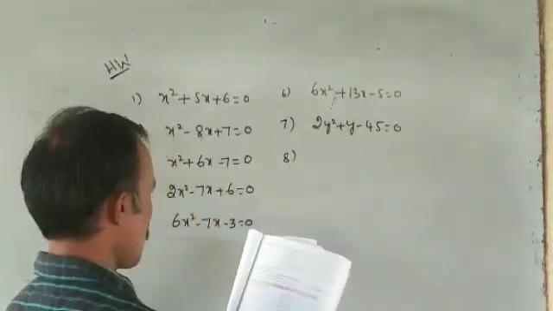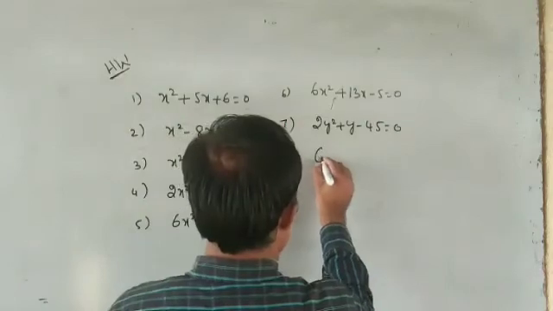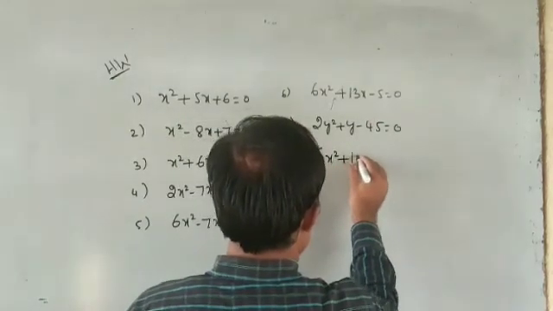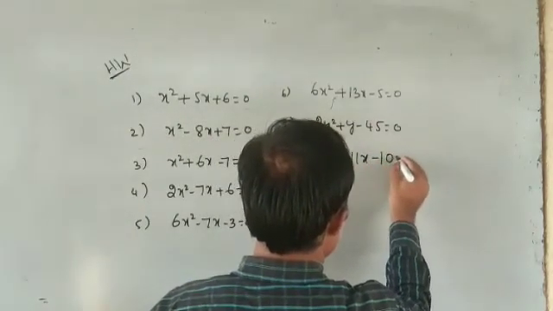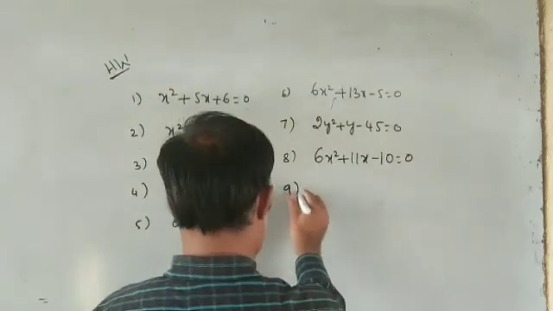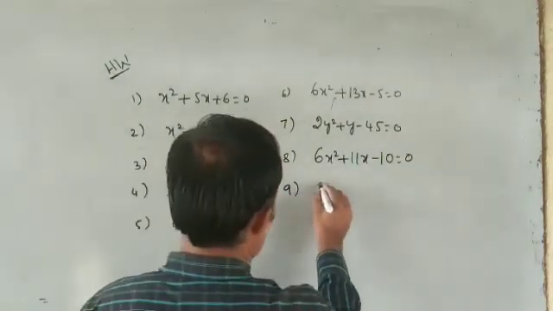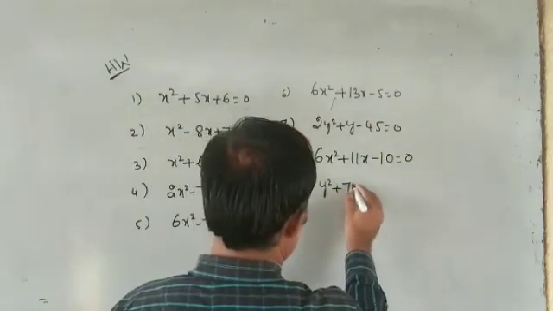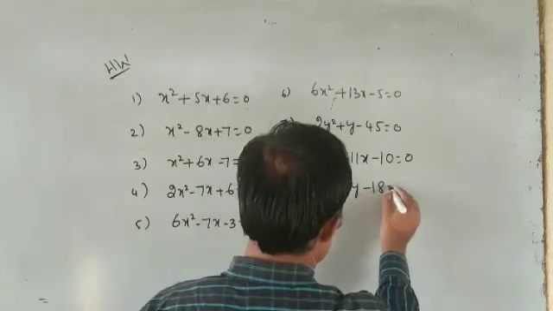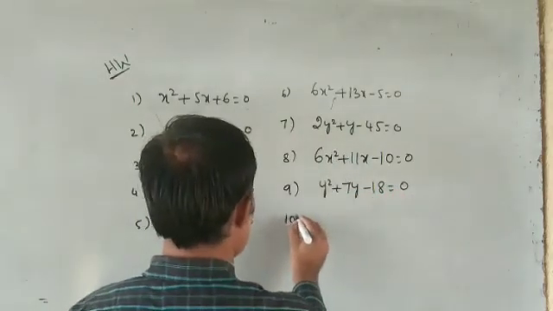Question number 8: 6x square plus 11x minus 10 is equal to 0. Question number 9: y square plus 7y minus 18 is equal to 0.